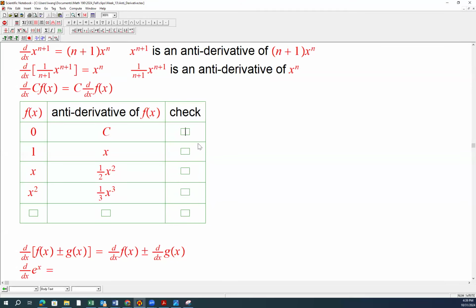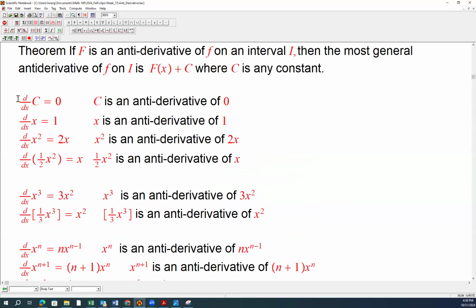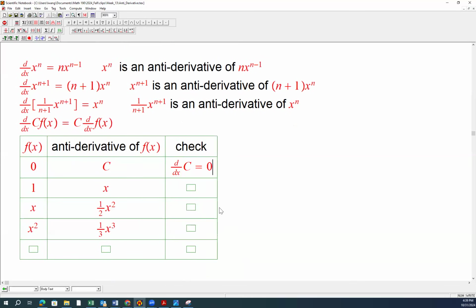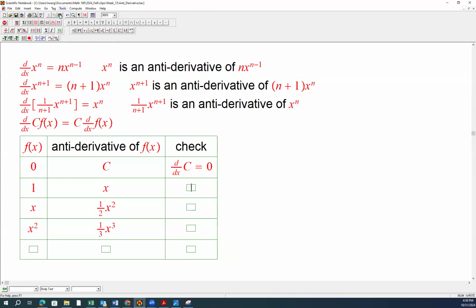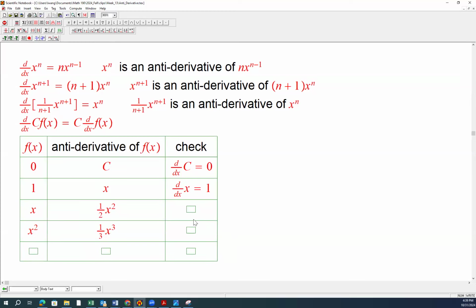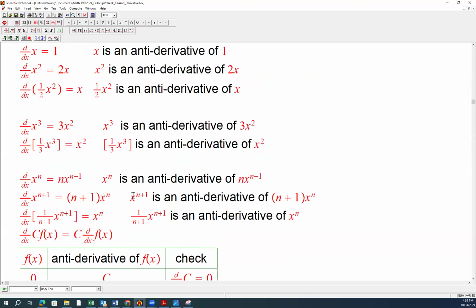We check by definition. We've done the derivative of a constant, and the derivative of x equals 1. So all of these we did earlier are the ways to check.